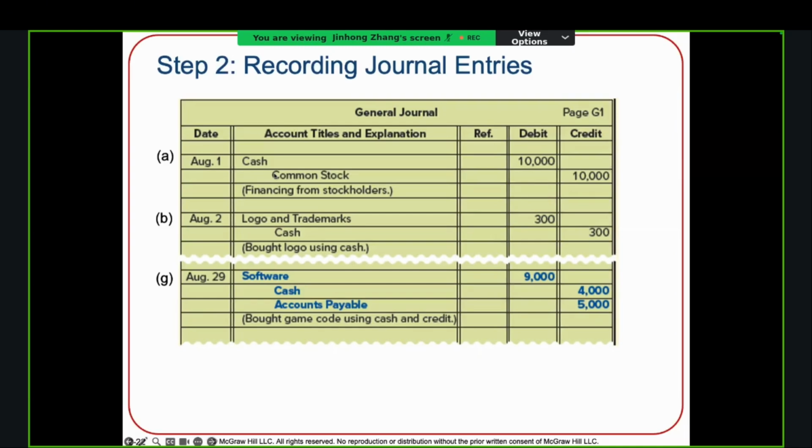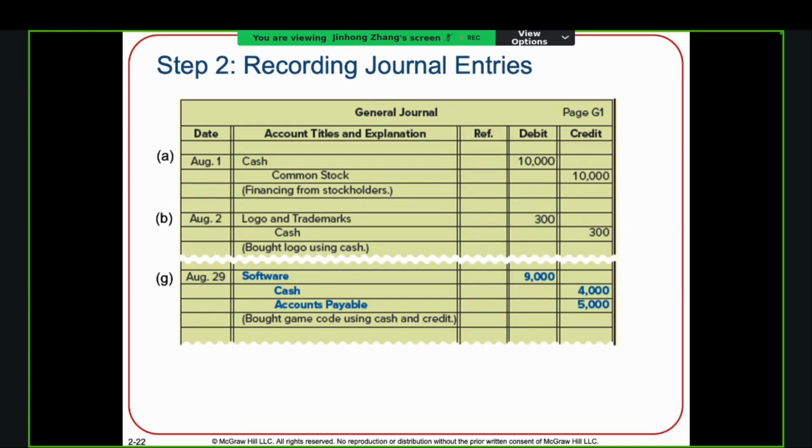So you have cash increase, you debit $10,000, and then increase common stock. That's the equity side, $10,000. And you have the logo and trademark. So debit on the asset side, $300, and you also credit cash $300.